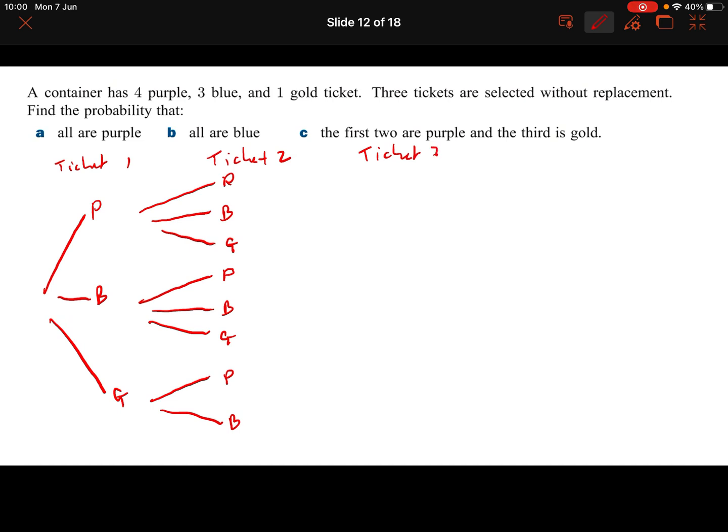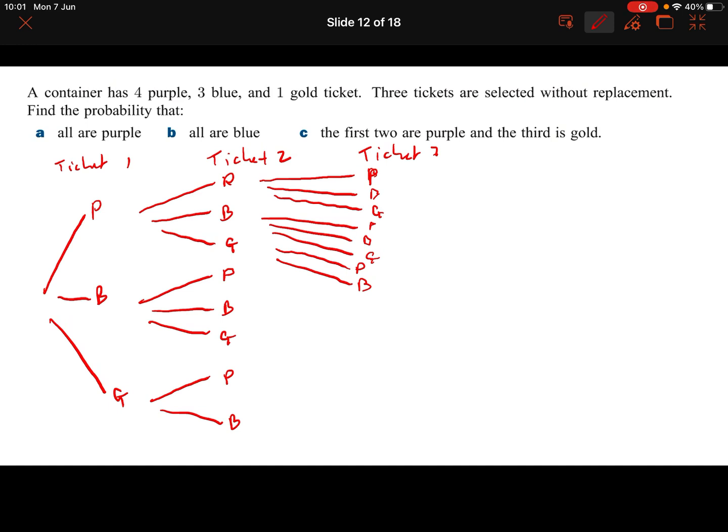Well, I've done 2 purples, so I can still get purple, blue or gold. You can see why this is a nightmare. I've basically made a right mess of this because I haven't left myself enough space. Notice that if I took gold the second time, there's no more gold left, so I can do purple or blue. Okay?